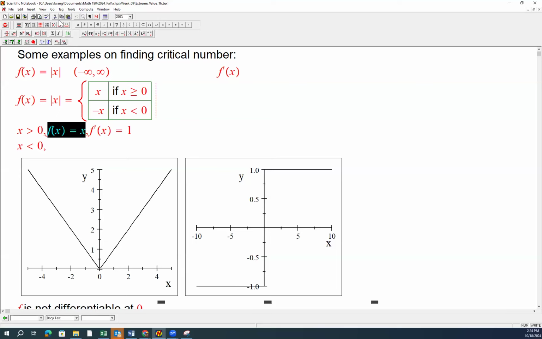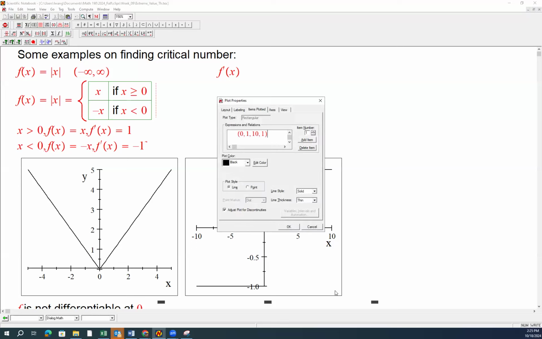In the second case, when x is less than 0, f of x is negative x. So that's why the derivative of that function when x is negative is equal to negative 1. So this is how we get these two horizontal lines on each side. But neither of them includes 0.